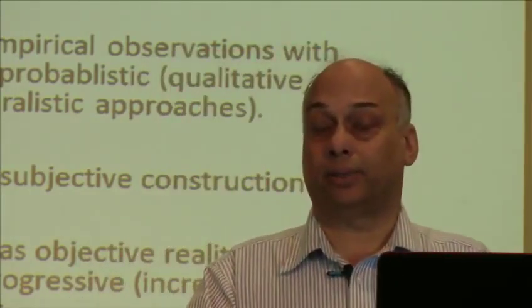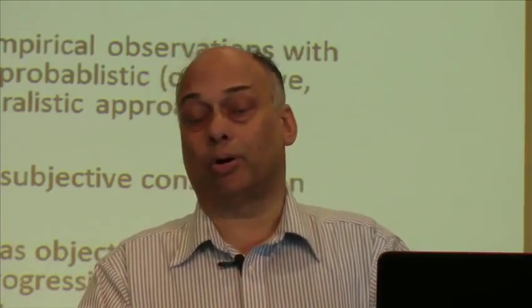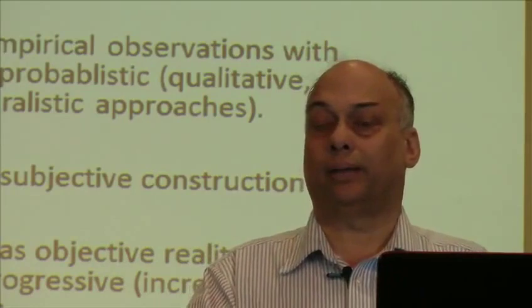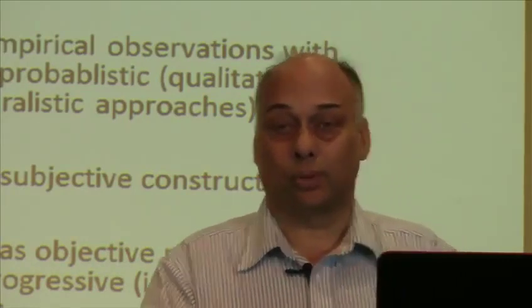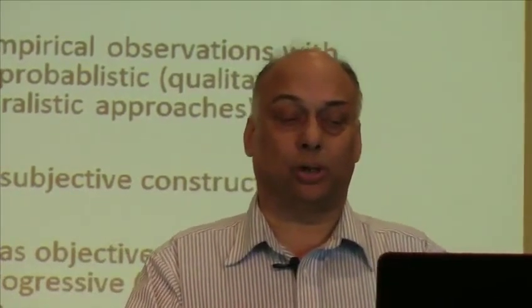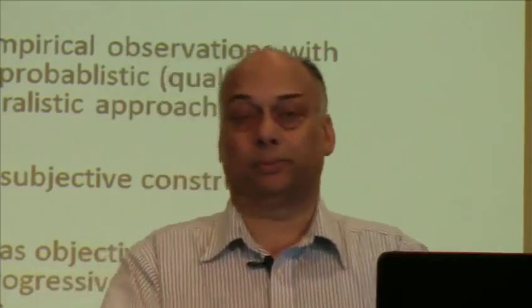The term paradigms has become quite popular in modern times, and in modern thinking, in research thinking, particularly in the philosophy of science. The term was introduced by the philosopher Thomas Kuhn, and he proposed two major kinds of paradigms.